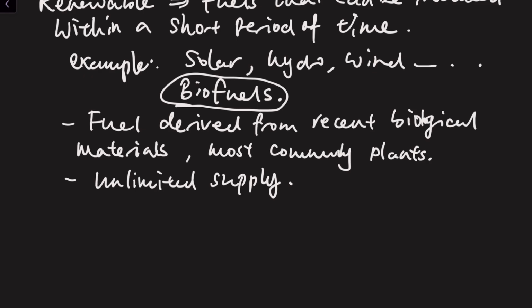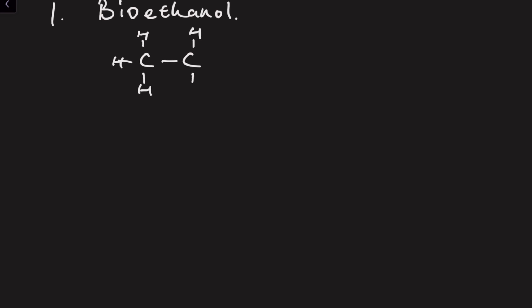So the first very important biofuel you need to understand is called bioethanol. Chemically speaking, there's no difference between bioethanol and ethanol. They all look the same. It has the OH hydroxyl functional group.